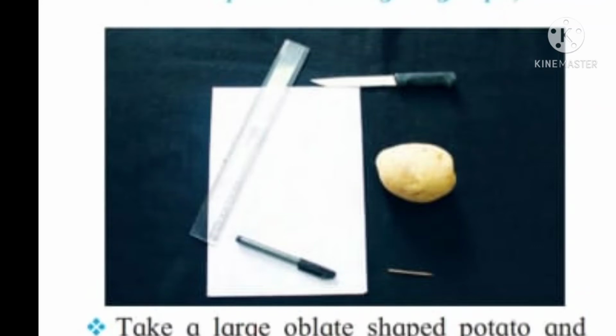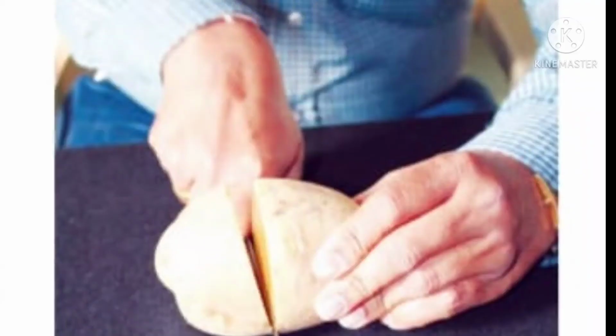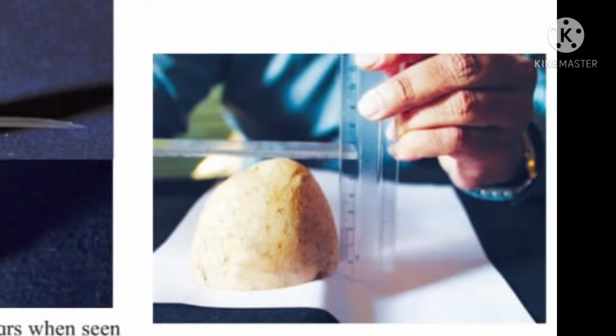Draw an outline of the potato in your notebook. Cut the potato into two parts so that each part has a flat base. Rest the cut half on its flat base and measure its height in millimeters. This is our potato hill.